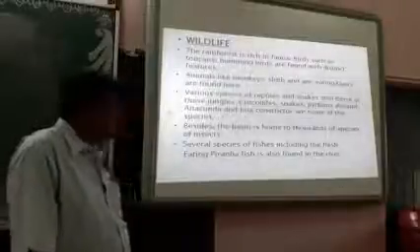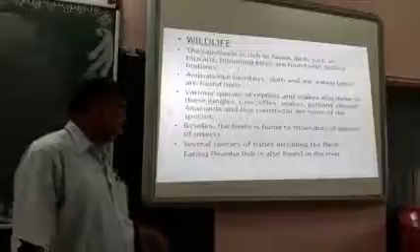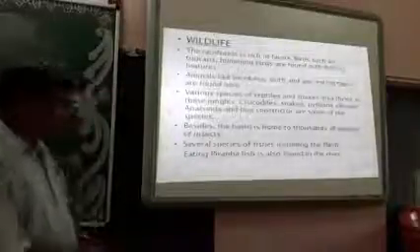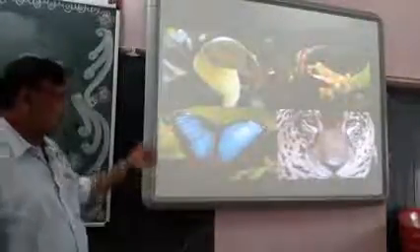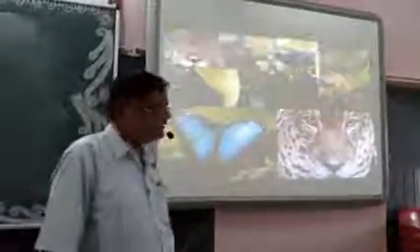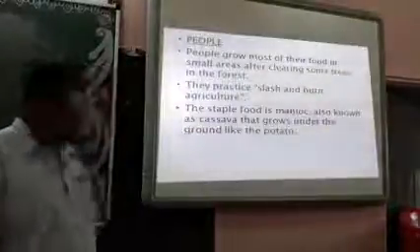Crocodiles, snakes, pythons, anaconda and boa constrictor are some of the species found here. Several species of insects are also found. We have some pictures. Okay, next we are going to study about the people of this region.